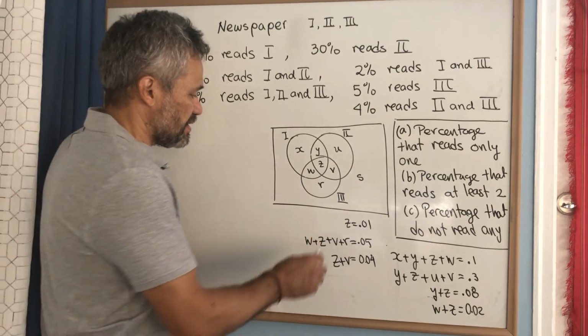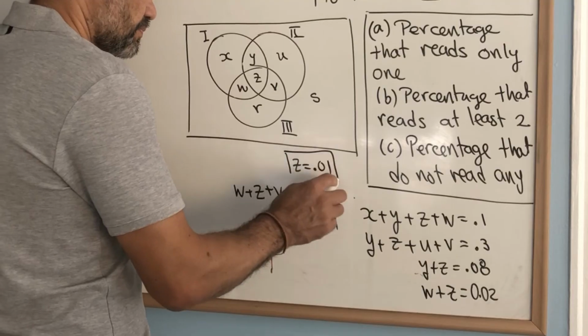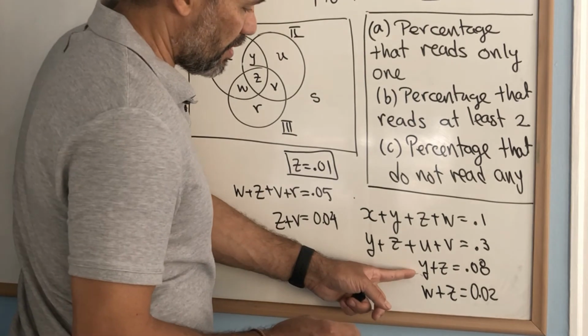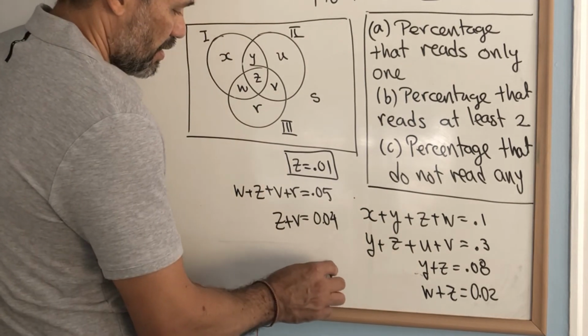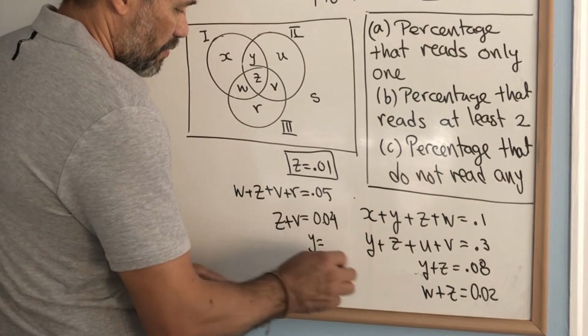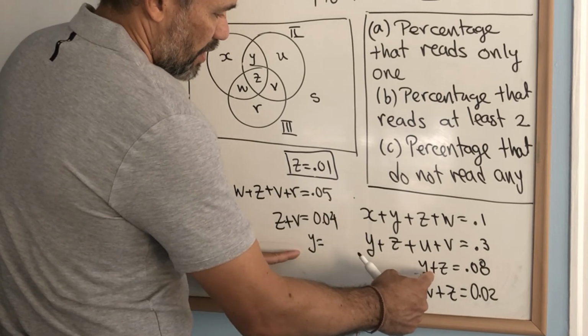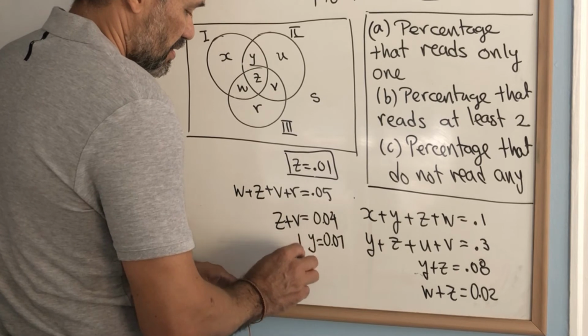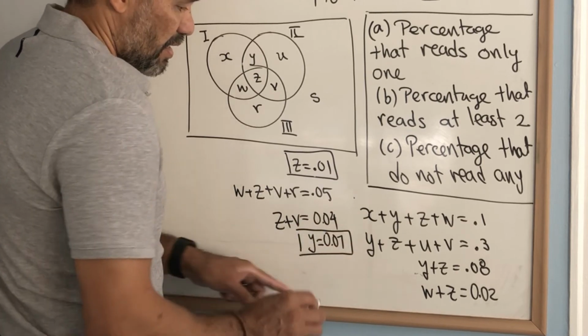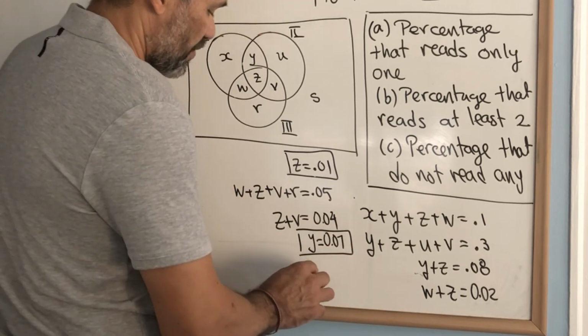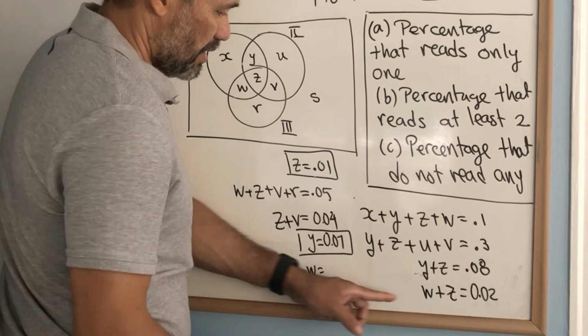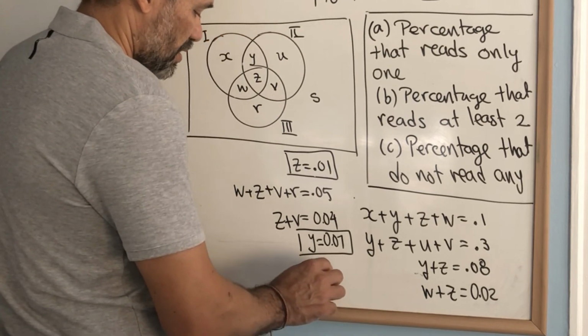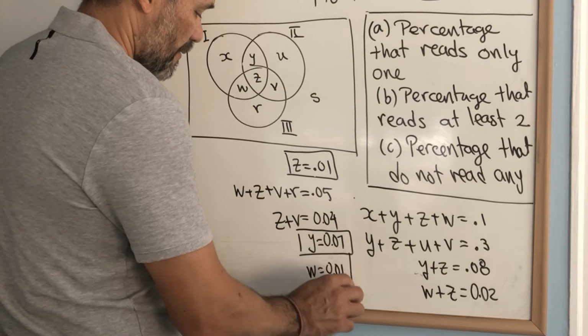From here we get that C is 0.01. From here we get that Y, if we combine these two, we get that Y is 0.07. And from here we get that W is 0.01 as well.